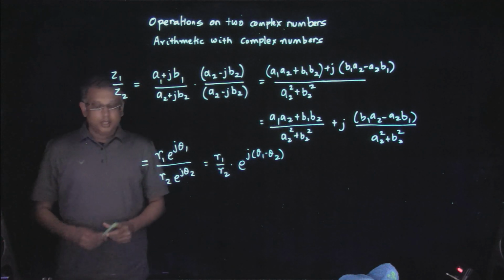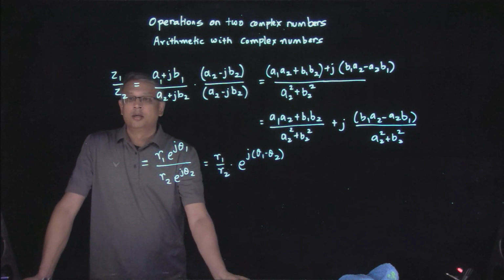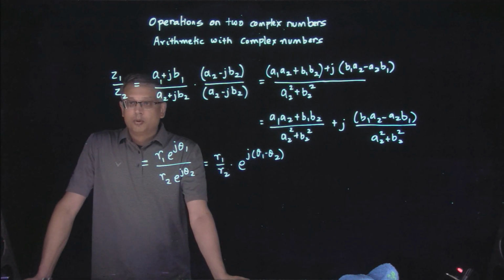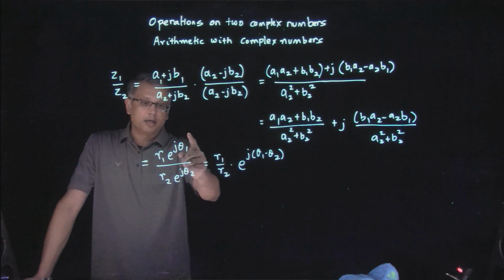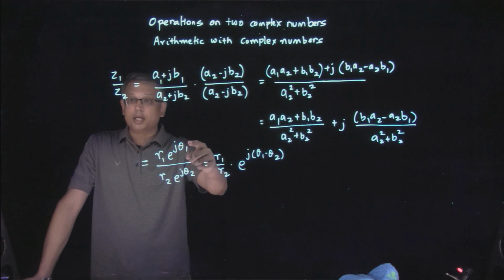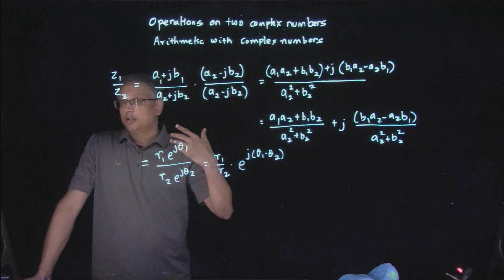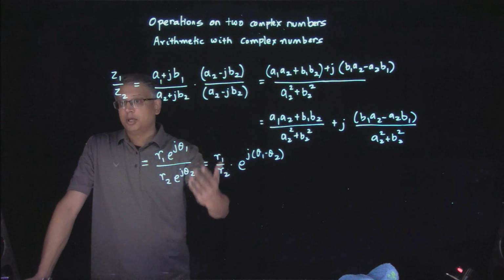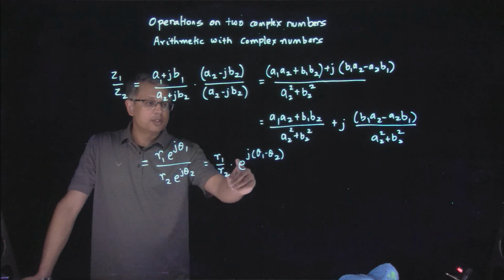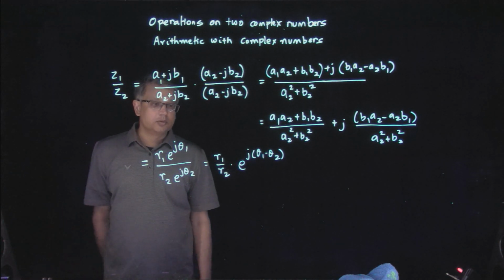So here is where you really are using the power of Euler's formula and the polar representation. You can see that this is just so much simpler to do, and notice that these e to the j theta 1 and e to the j theta 2 follow exactly the same arithmetic as e raised to some real numbers. So it's e to the j times theta 1 minus theta 2.